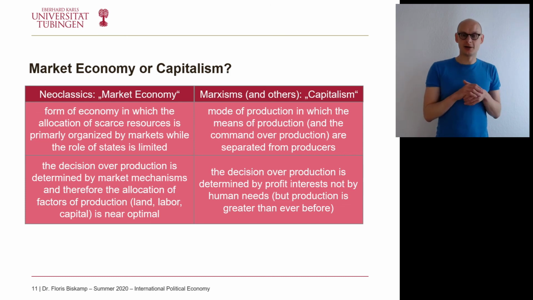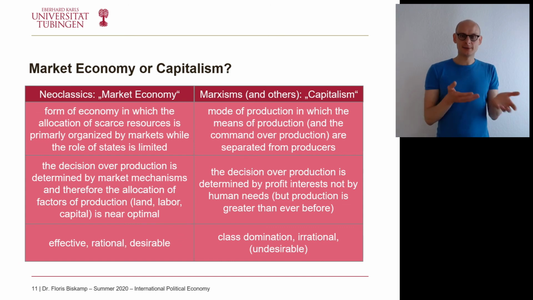If, however, you're a Marxist theorist, then you would rather say, well, the decision over production is determined by the profit interests of the capitalists and not by human needs. And therefore we have a problem here. However, most Marxists also admit that overall production is greater than it has ever been before.